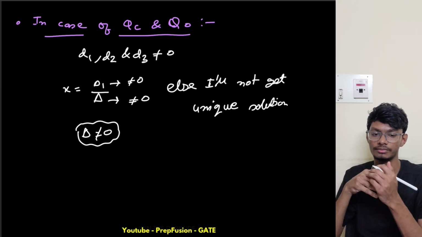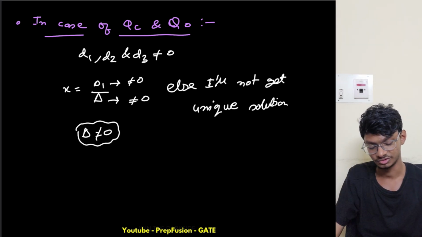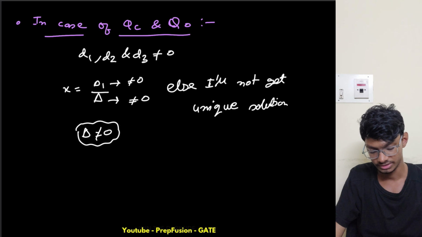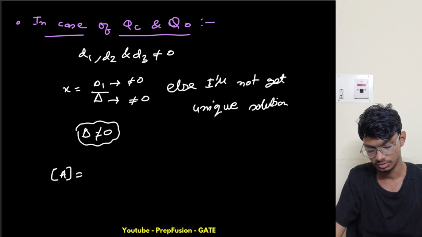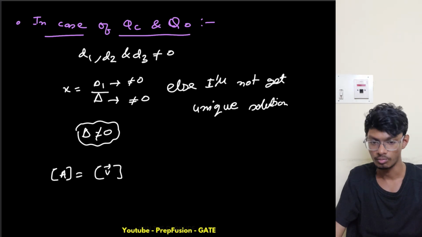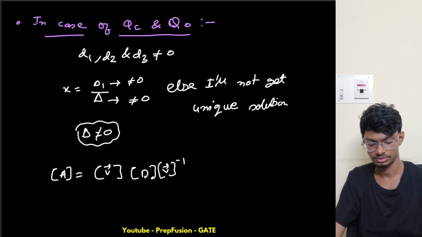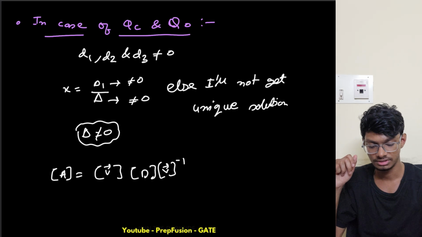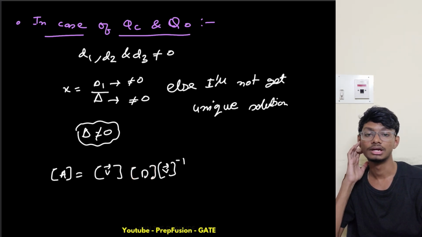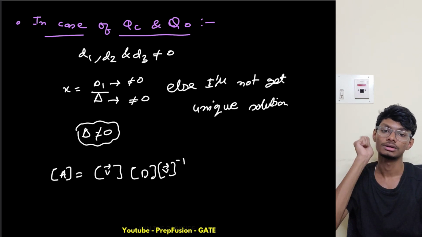Then we studied the concept of diagonalization. I hope you remember. So what was the concept of diagonalization? Matrix A can be decomposed in terms of V, D and V inverse, right? Now what is this matrix? D is a diagonal matrix in which the diagonal elements are the eigenvalues.